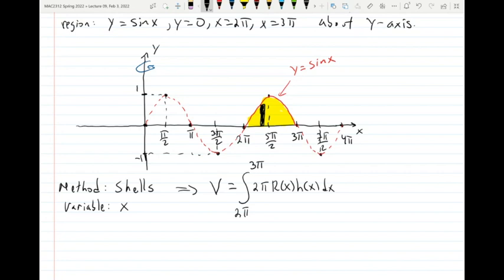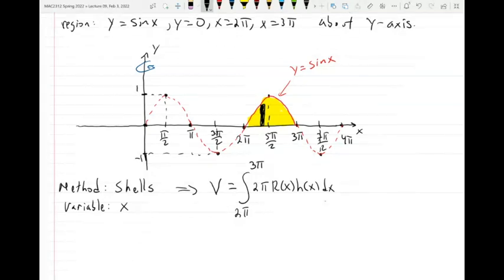Okay, everybody okay so far? So remember, you need to know that shells comes with this formula. You need to know the formulas for the different volumes, the different methods. Okay, so now let's go back to the picture because our job is to figure out what is R and what is H. So in the picture, R, remember, is the distance between your rectangle and the axis of rotation.